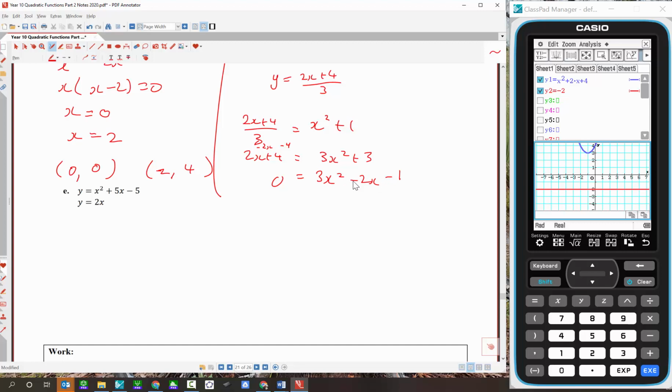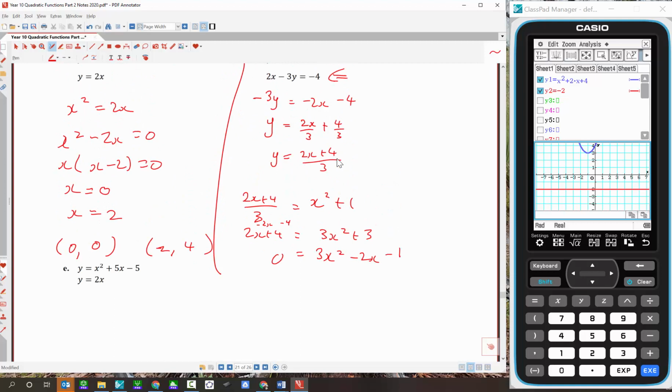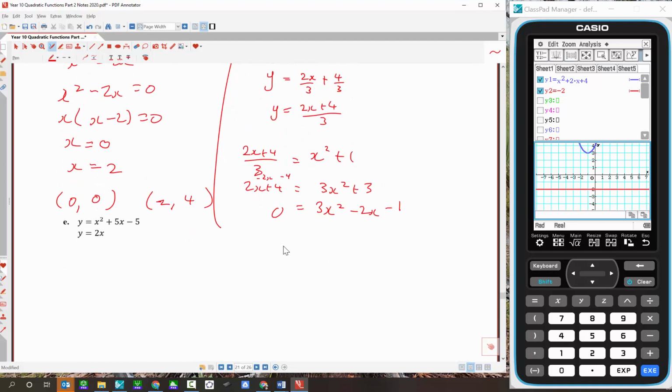So what is evident here is that this will be a quadratic formula solution. Or maybe it won't be. Let's just check whether these actually intersect with each other. So we'll go discriminant equals b squared take 4ac, where a is equal to negative 2, b is equal to 3, c is equal to negative 1. b squared, 9, take away 4 times negative 2 times negative 1.